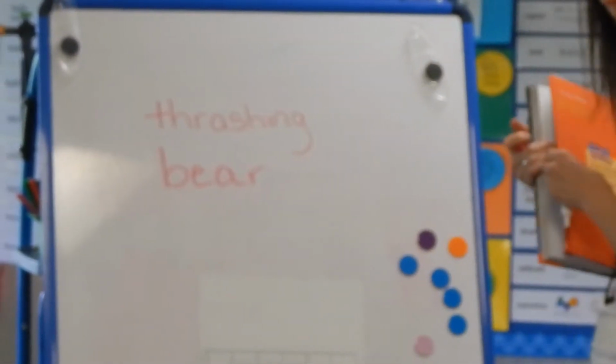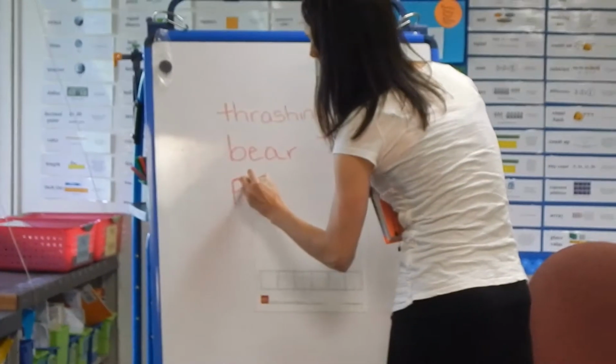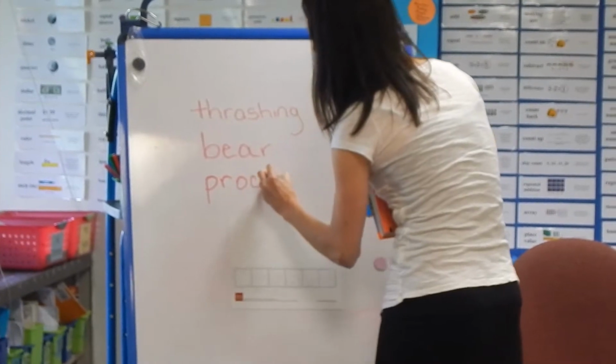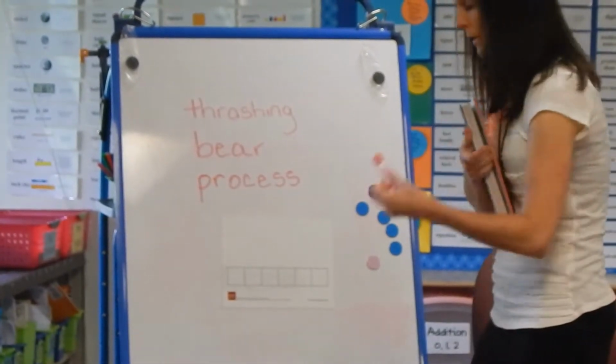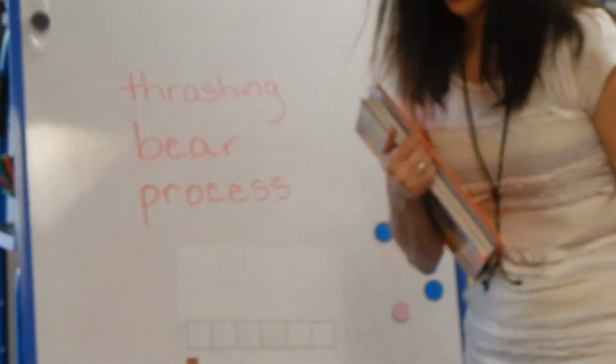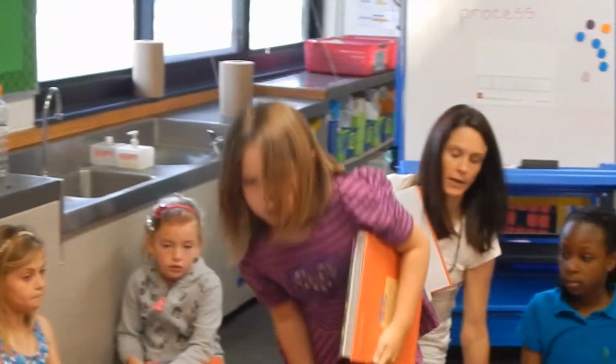Bear. Ooh, you might think, well, that one's easy. But we'll see. And the third one is, what's that word? Process. That's the word process. Can I have you slide right over there?